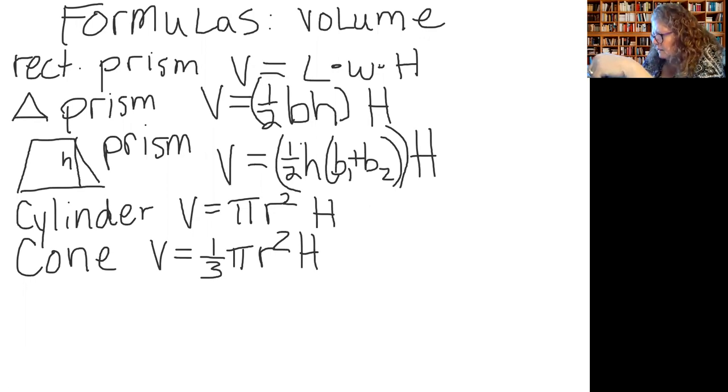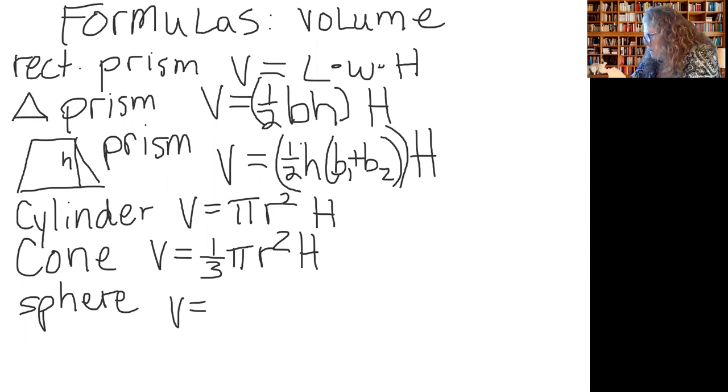And last, your sphere volume is equal to 4/3 pi r cubed.